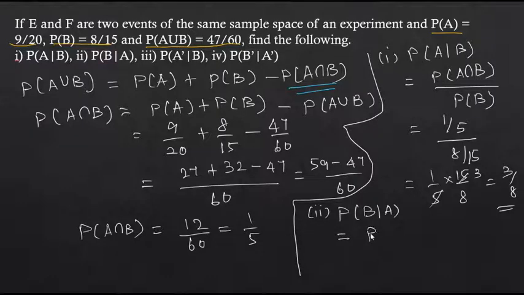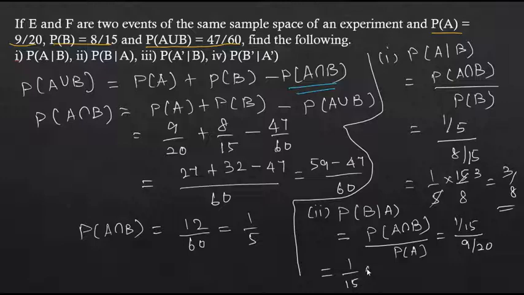That is probability of A intersection B divided by probability of A, which is equal to 1 by 15 divided by the probability of A, which is 9 by 20. So 1 by 15 into 20 by 9.